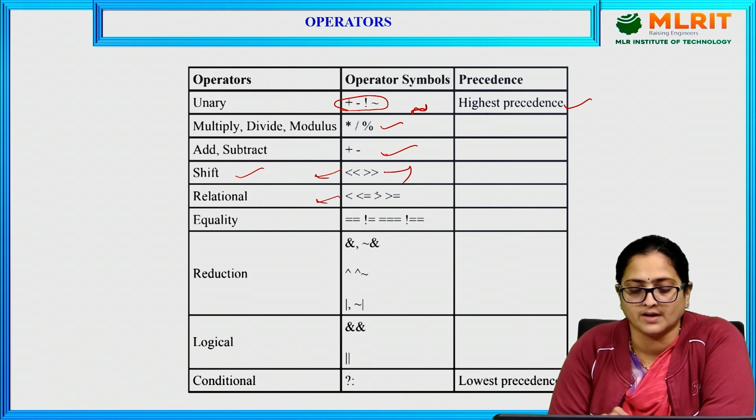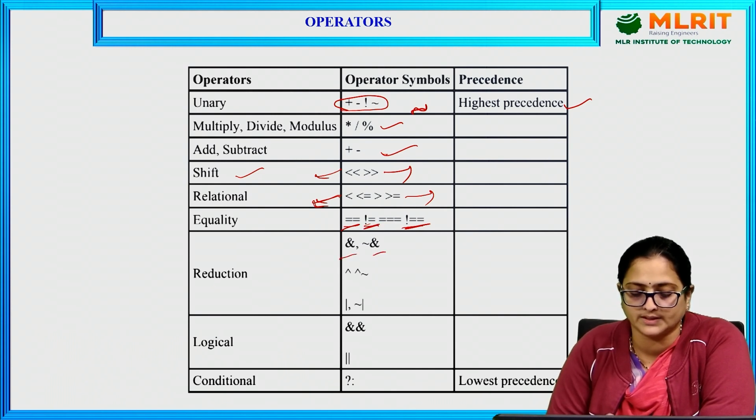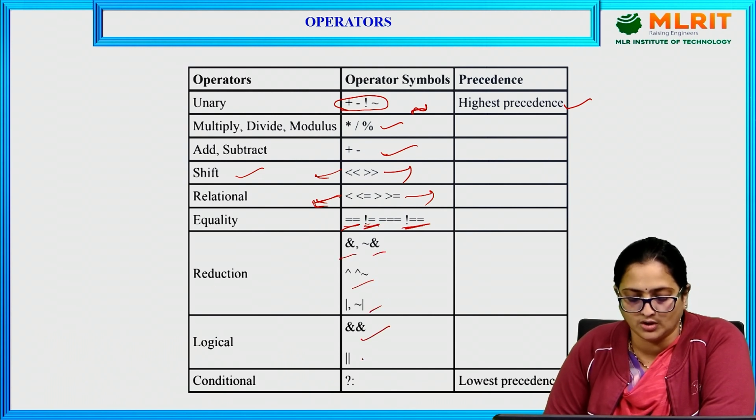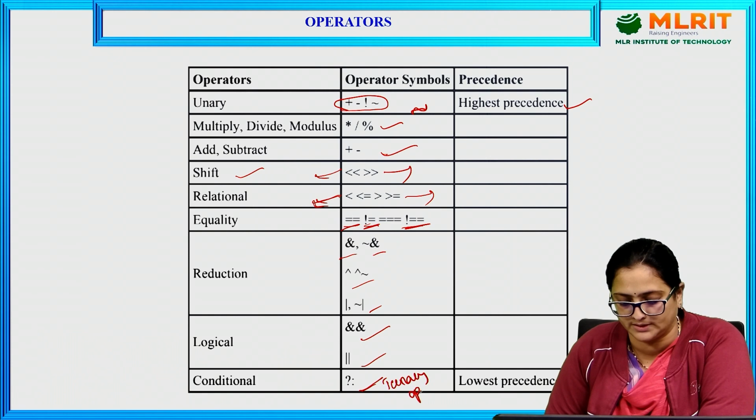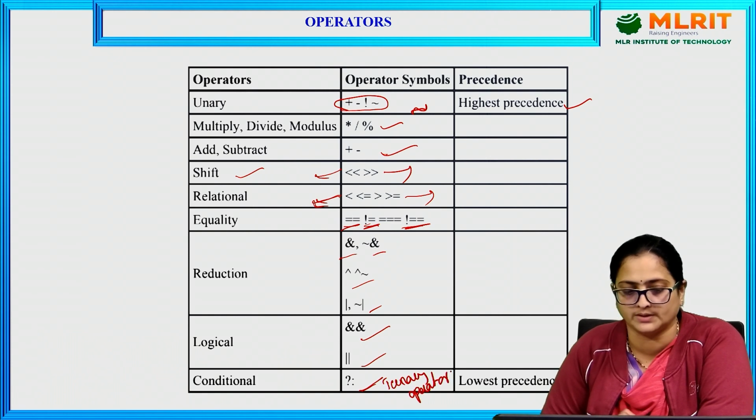Then relational operators, equality and inequality operators, and reduction operators. And these are the logical operators, and this is the conditional operator, which is called the ternary operator.